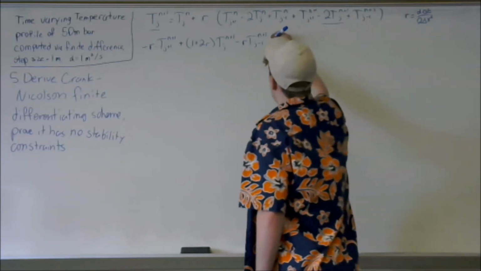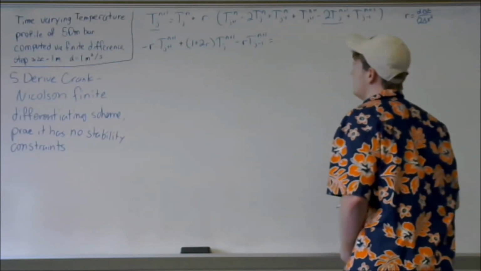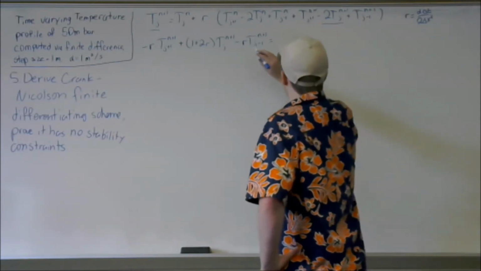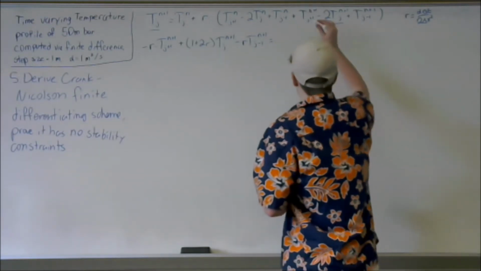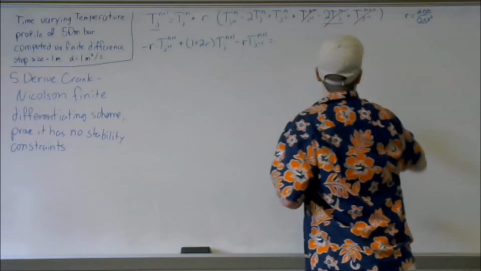And that's going to equal, so what did we just do? We factored out all of these n+1 values. I'm going to take my red marker and cross them out.